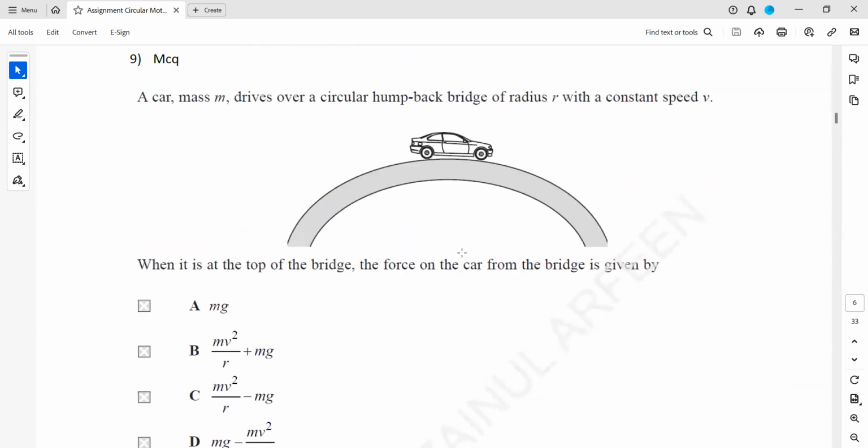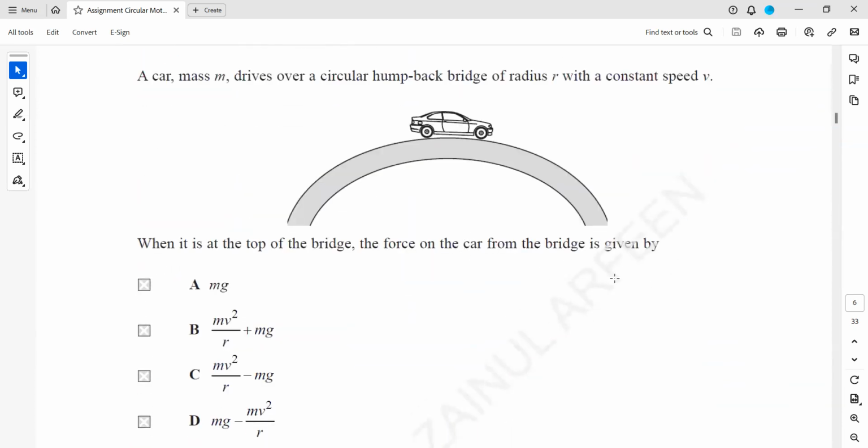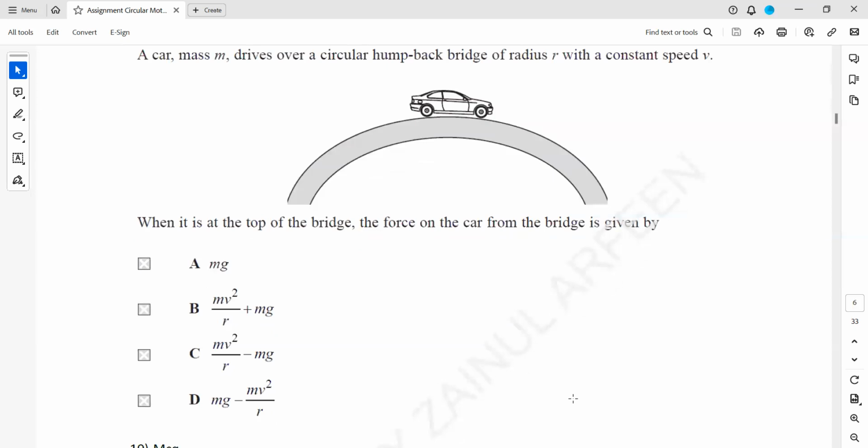In question 9, a car of mass m goes over a circular humpback bridge of radius r with a speed v. When it is at the top of the bridge, the force on the car from the bridge is given by. So we need a normal contact force here.